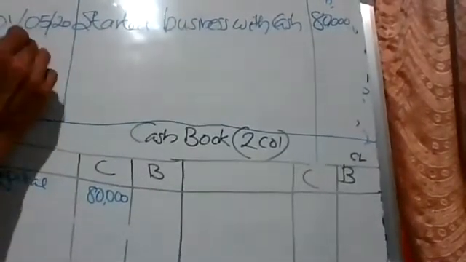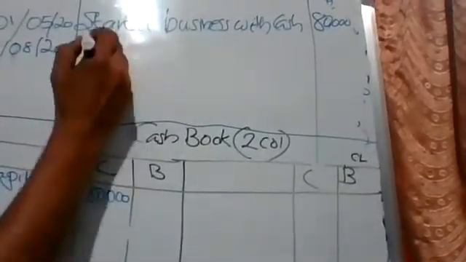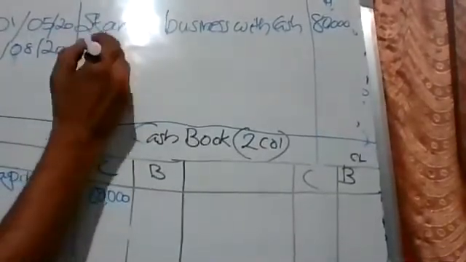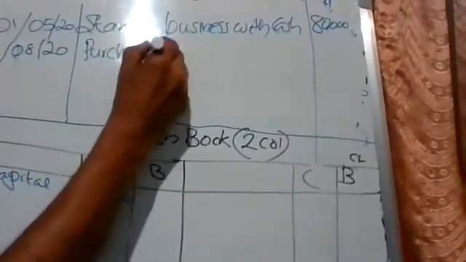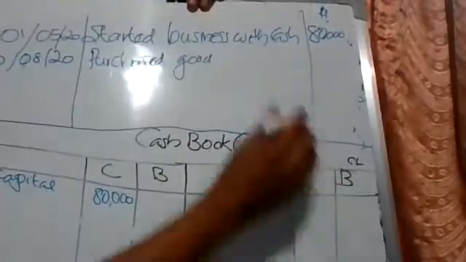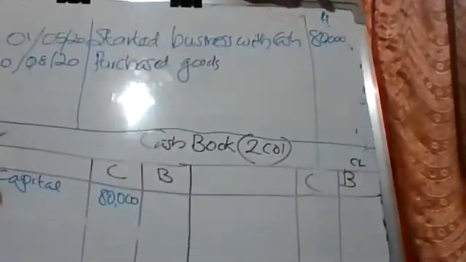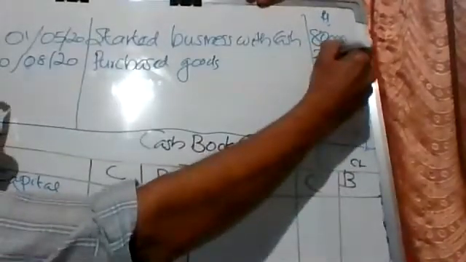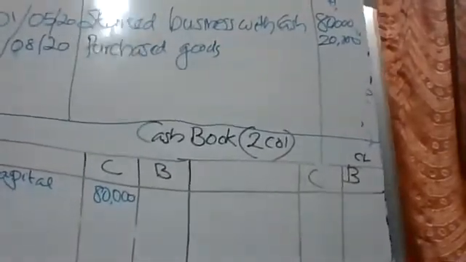10th August 2020. Purchased goods, rupees 20,000. So what will be journal entry?